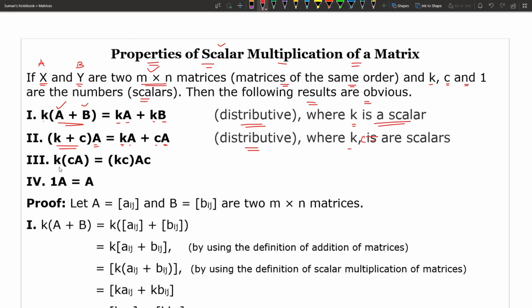The third property is k into (c into A).